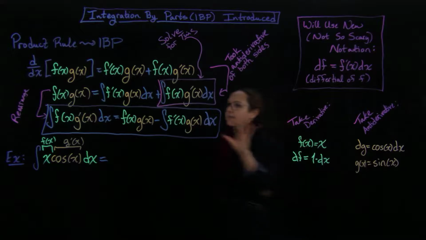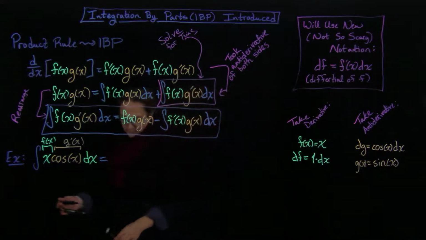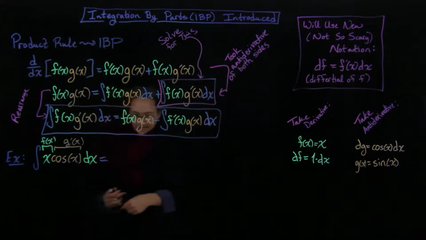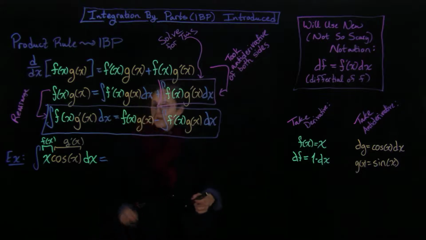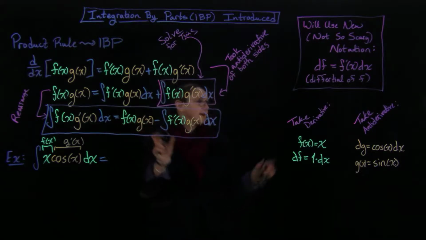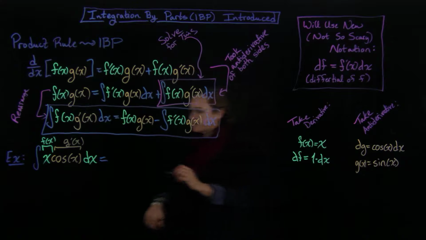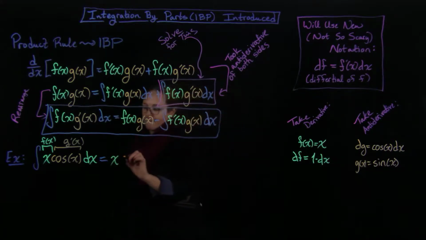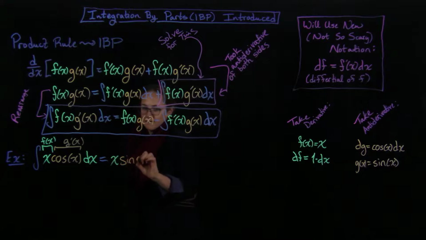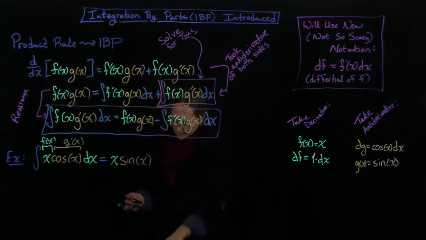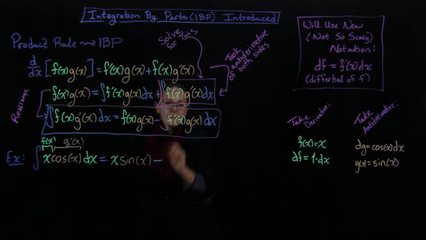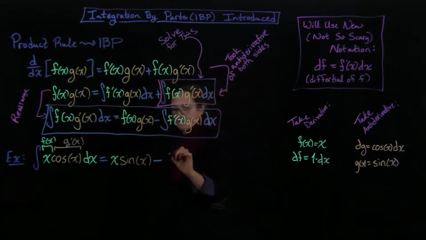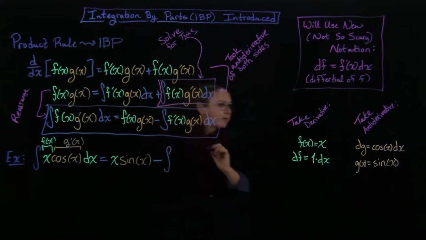Okay, now I have everything I need to put this into the formula. So I need f of x times g of x. So I have x and then I have sine of x. And then I'm going to subtract off the integral of f prime of x.